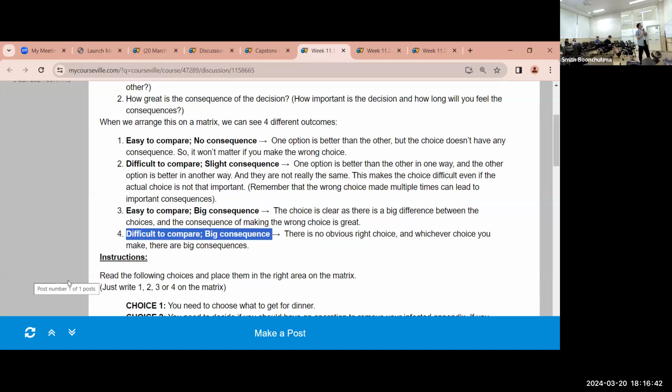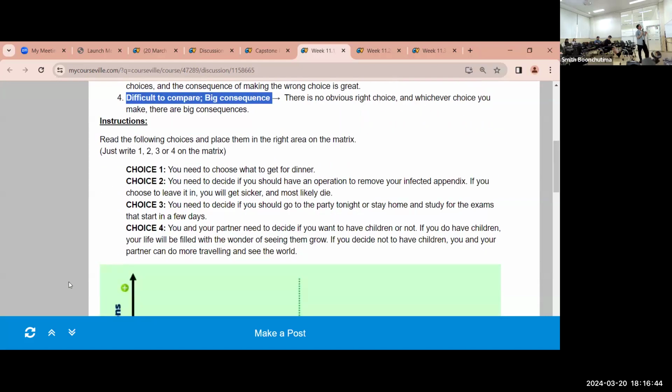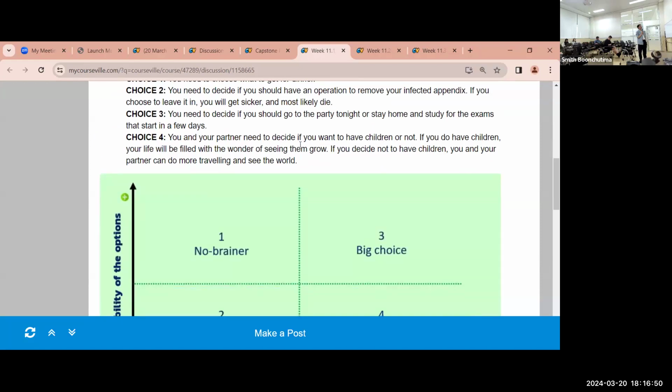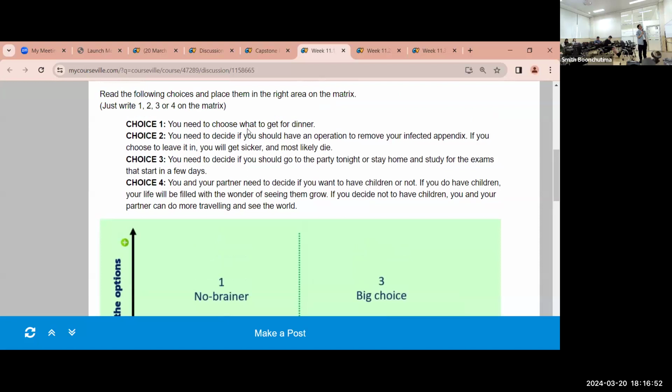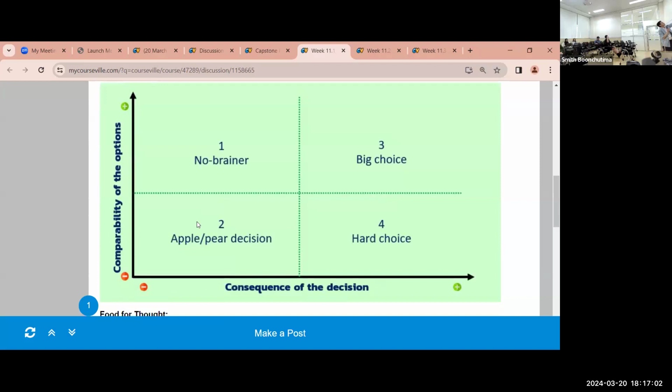And then, choice one, read the following choices and place them in the right area on the matrix. For choice one, you need to choose what to get for dinner. So is this one a no-brainer, or a big choice, or an apple-pear decision, or a hard choice?